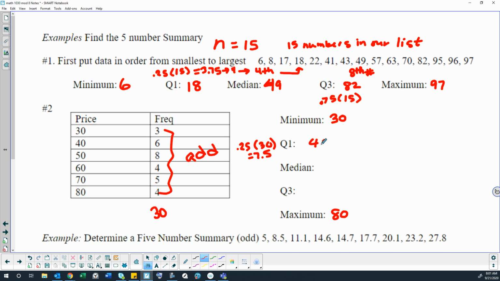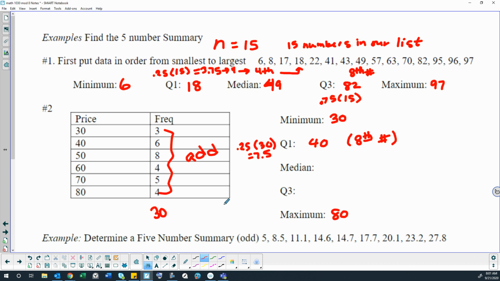Does that make sense? The 8th number is going to be 40 because 40 goes up to 8 numbers. Oops, I meant 30. I'll just put 8th number.